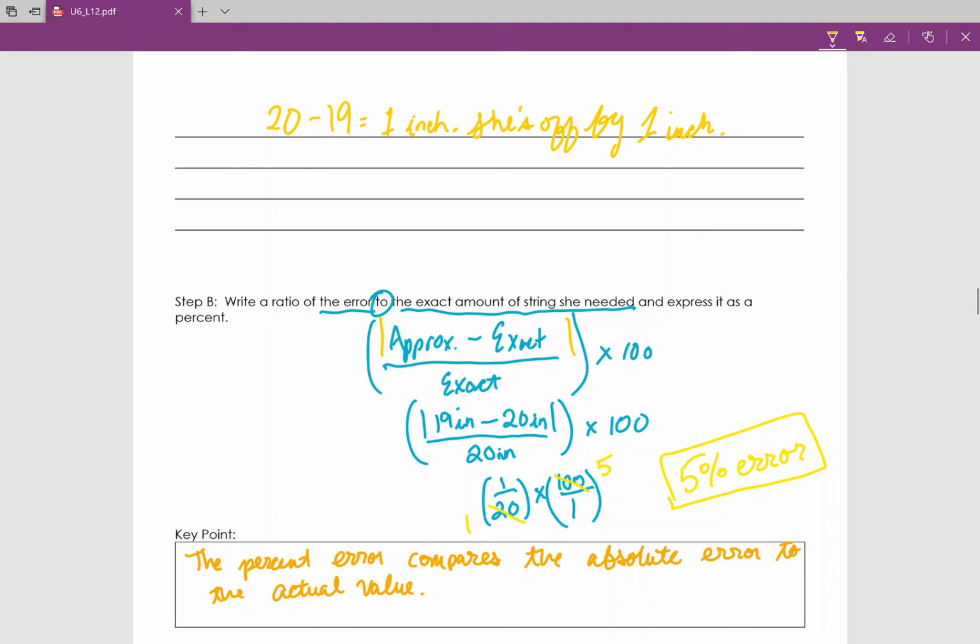The percent error compares the absolute error to the actual value, which is represented by this formula.